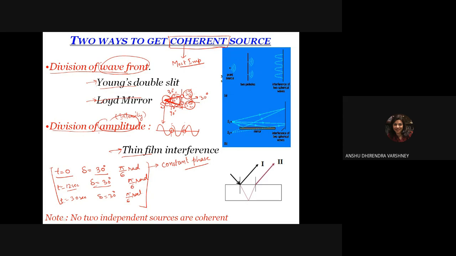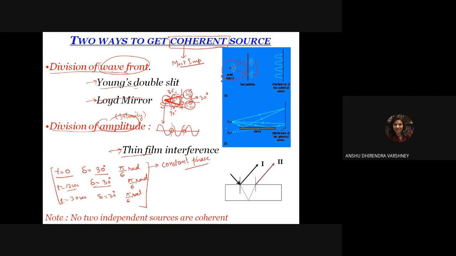So basically, as a result, we can observe the intensity of those particular colors. So we get beautiful color fringes. Both have come from the same source, therefore they must be coherent, right?